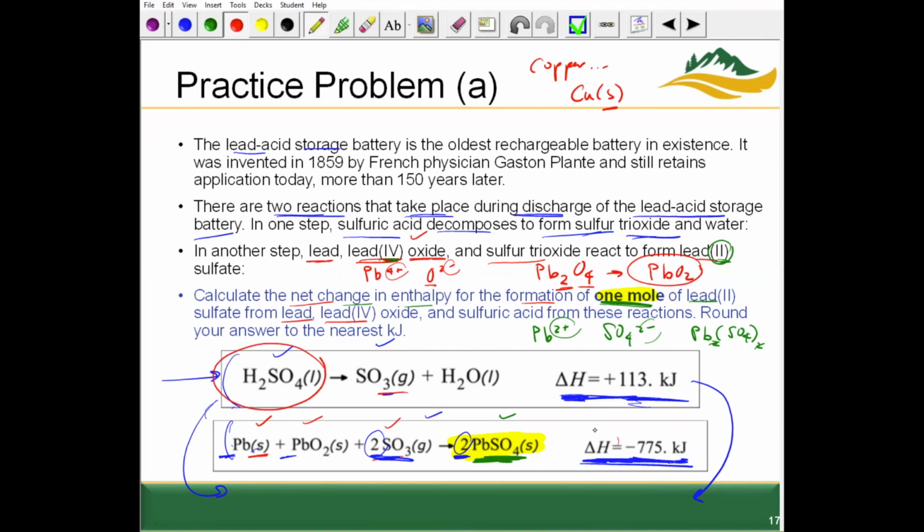So we want to know on a per 1 mole basis, but for this reactant and this reactant and this reactant is an entirely different reaction. So we need to find a way to combine these two reactions to then find information about this product.